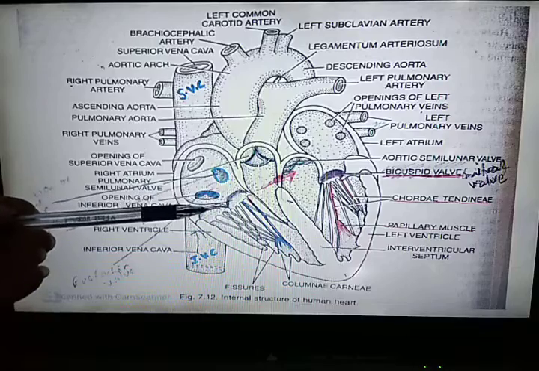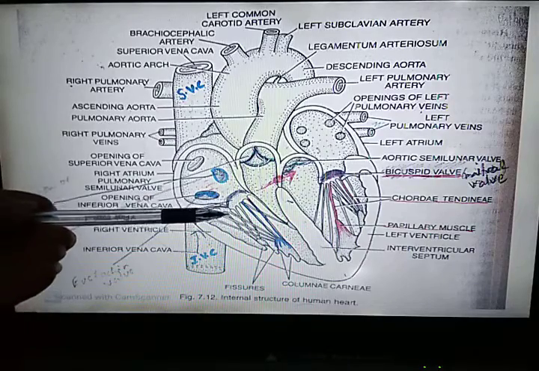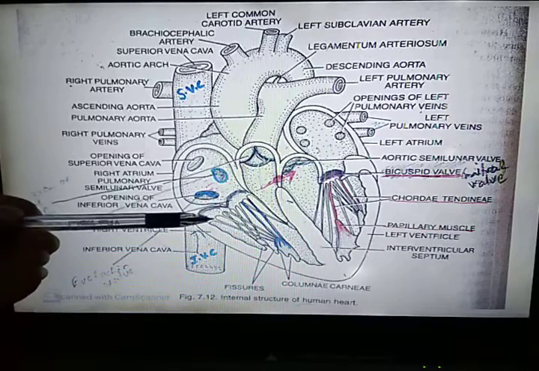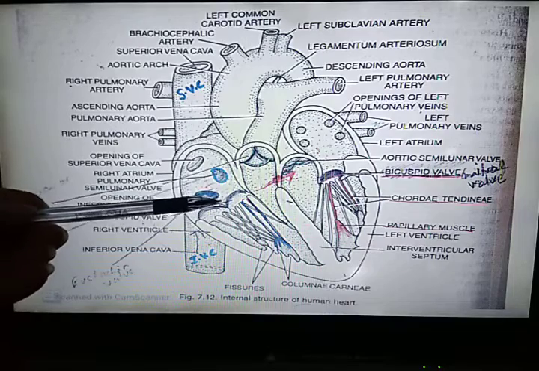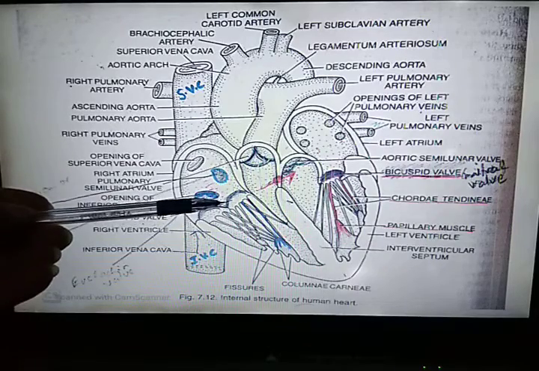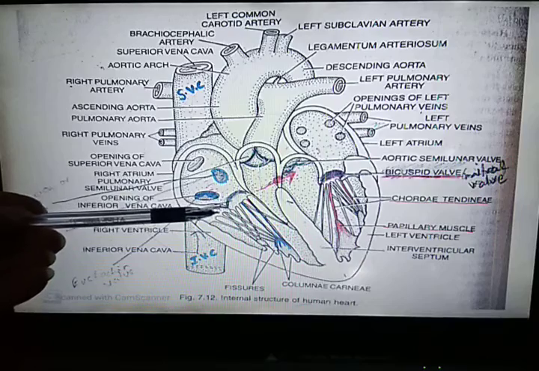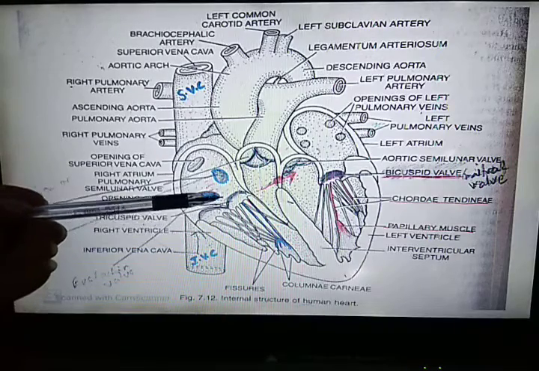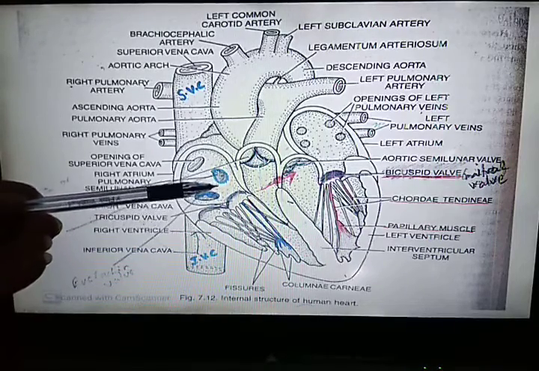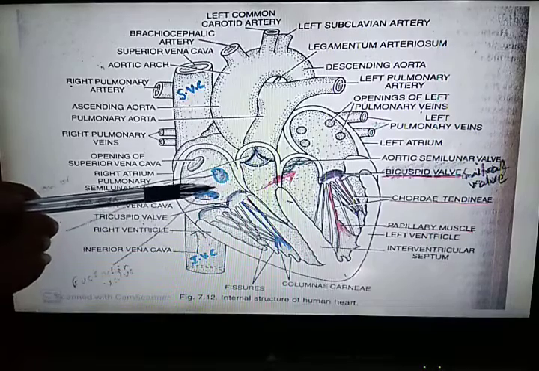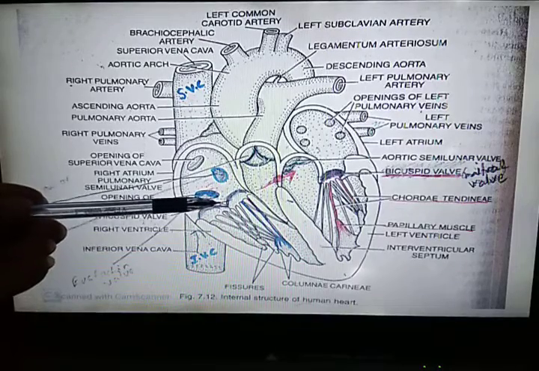But this septum has a hole or aperture present in it. So the aperture present in the right auriculoventricular septum is known as the right auriculoventricular aperture because it is on the right side.